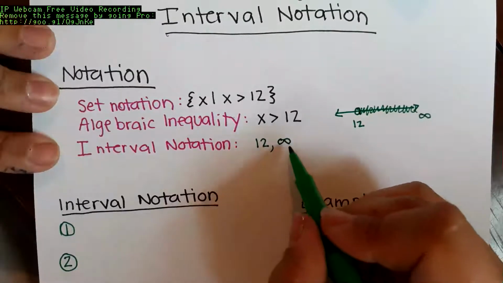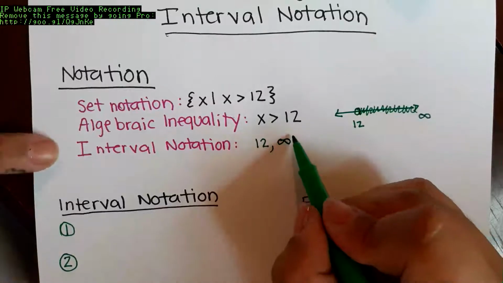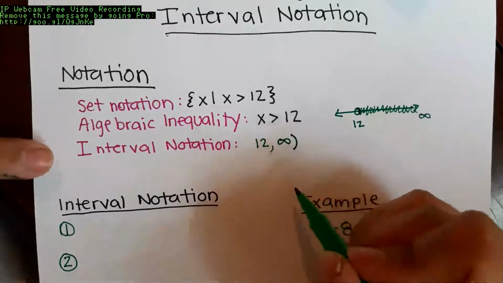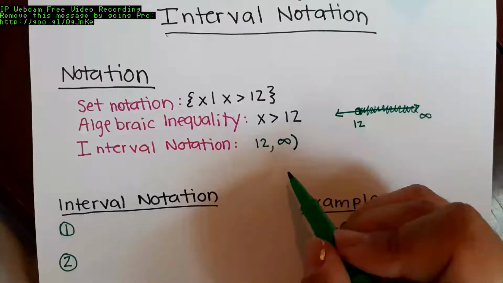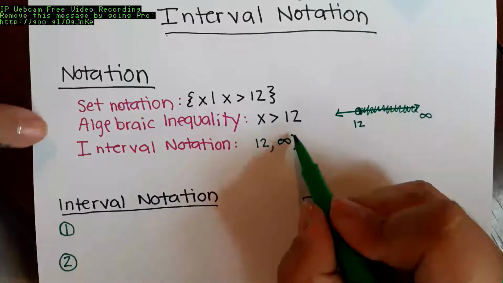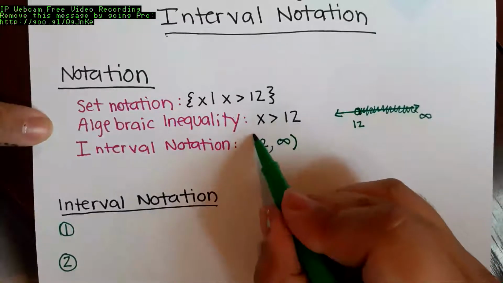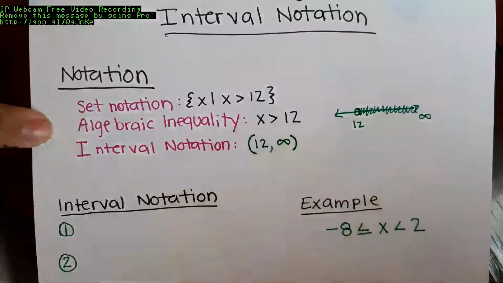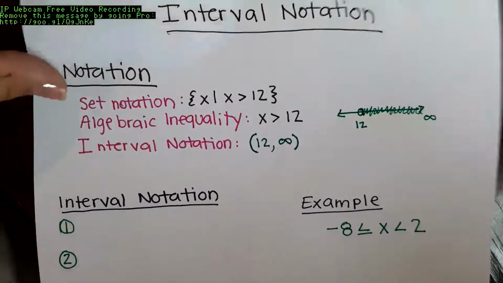Now, since infinity isn't a real number, I'm going to put a parentheses, because you can't tell me a specific number that infinity is, right? It's just this idea that it's endless. So that's a parentheses. And since 12 is an open circle, that is also going to be a parentheses. And that is interval notation, so not too bad, right?